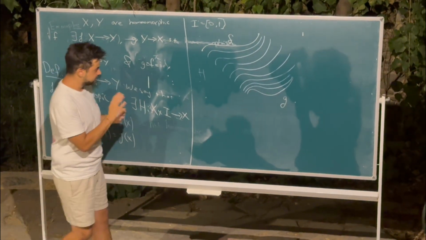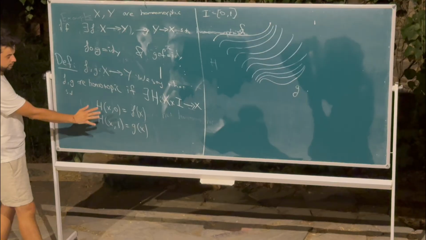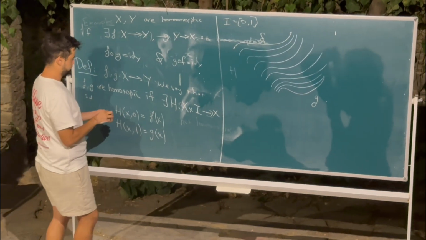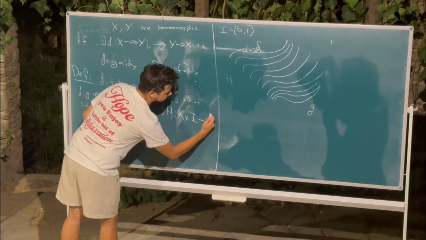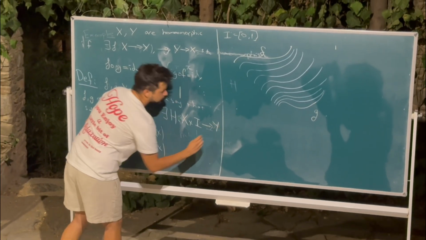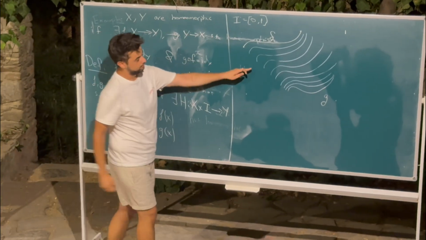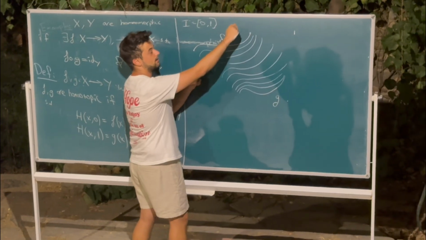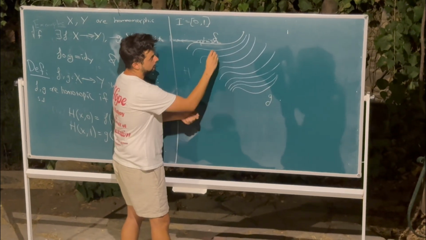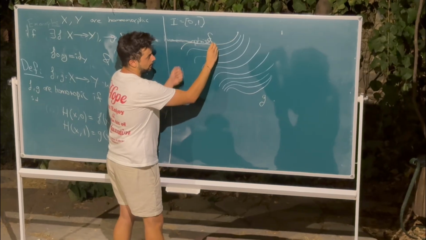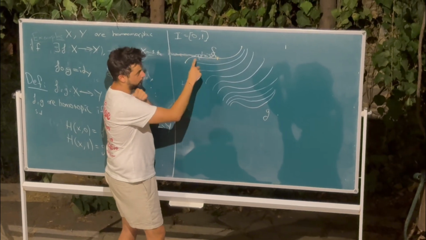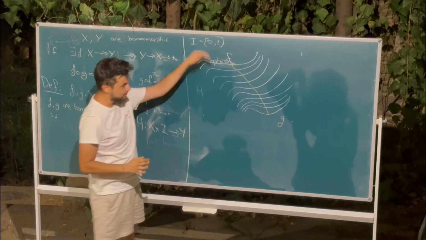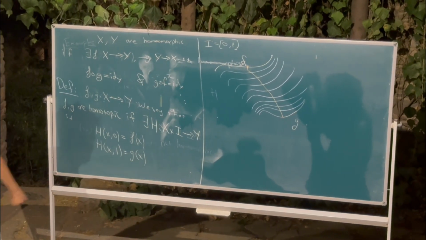Okay, if you look at the definition, if you fix a time, it's a map from X to Y. Sorry, this is Y. So at each time I have a function. Here it looks like a path, but at each time I have a function. Also, if I fix a point and look at what happens to that point through time, it also has a path. So every point also has its own movie.